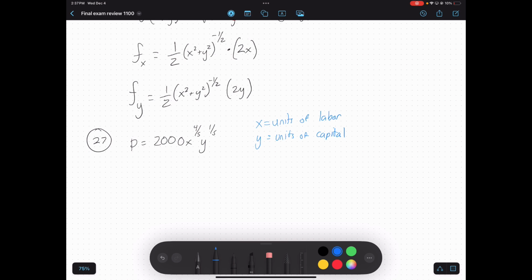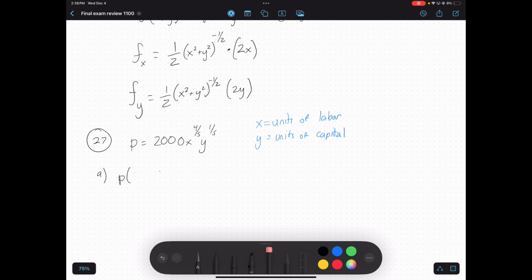Part A is find the number of units produced with 35 units of labor and 1,135 units of capital. That's just me plugging those values in, right? Plug in 35 for X and plug in 1,000. Oh, dang, I'm doing this again.